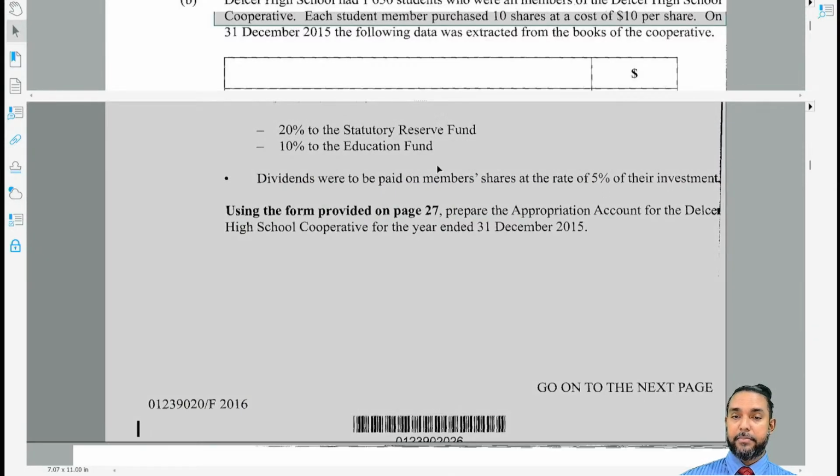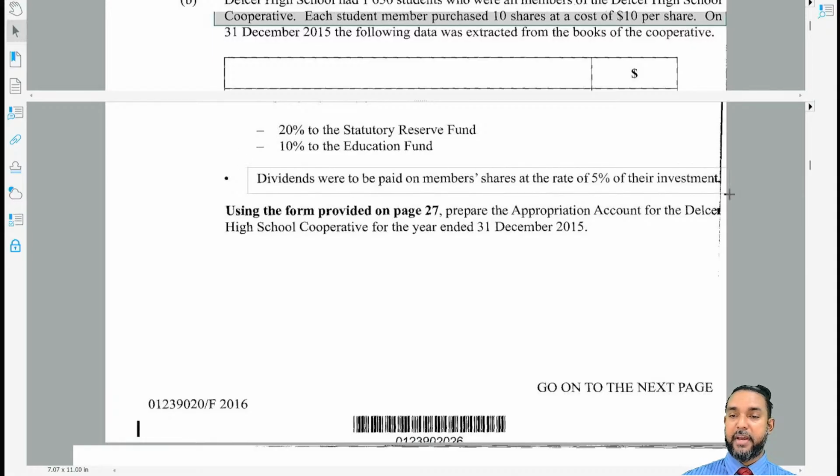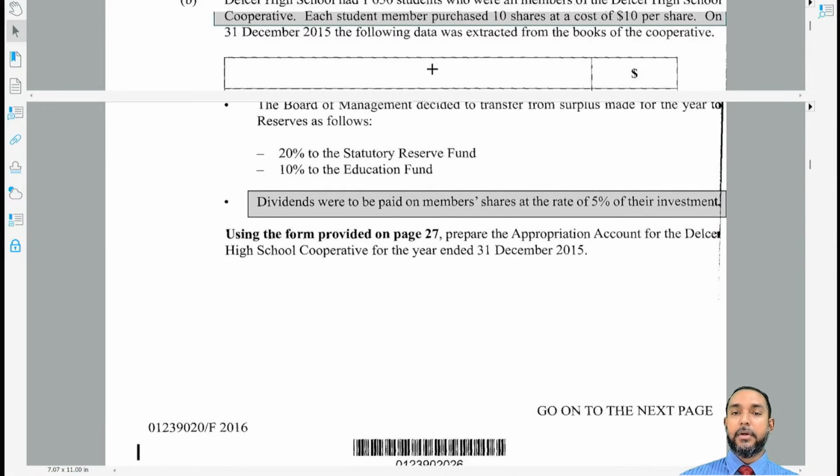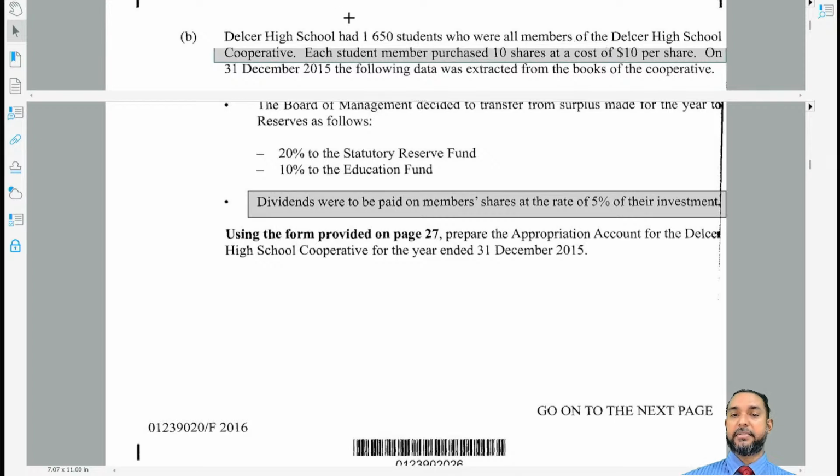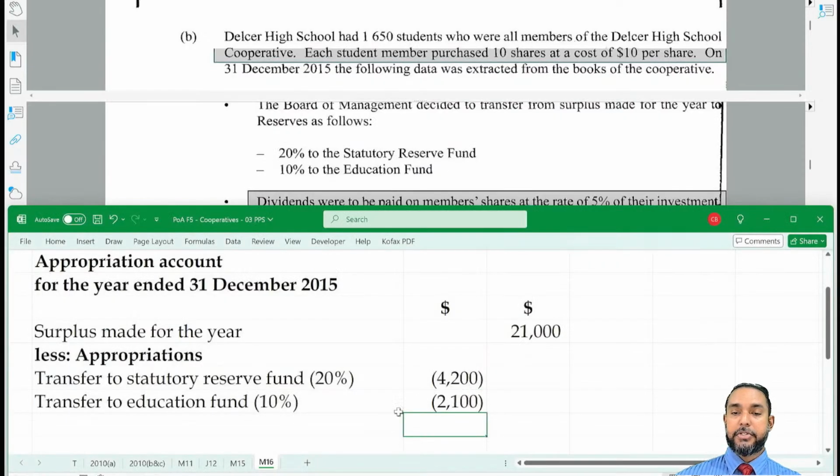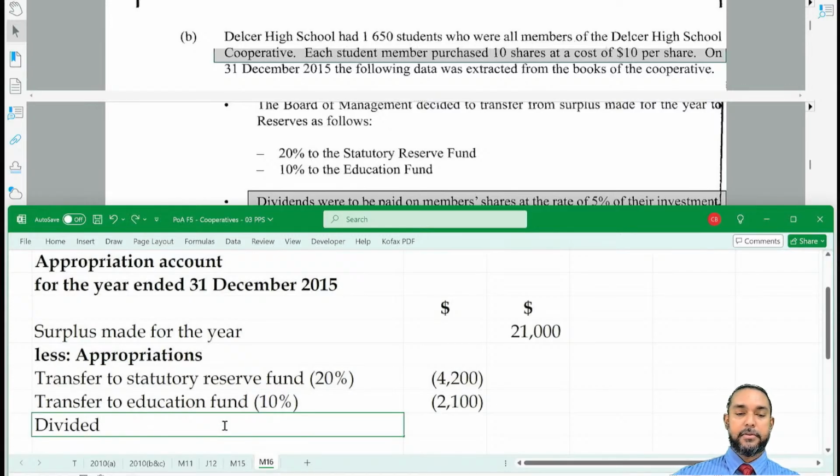Dividends are to be paid on member shares at a rate of 5% of their investment. So what does that mean? Right, at the top here, Delco High School had 1,650 students, and each student member purchased 10 shares at a cost of $10 per share. So each student invested $100, right? Dividends.